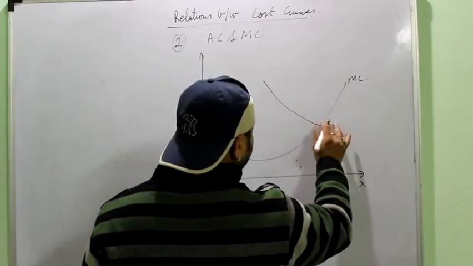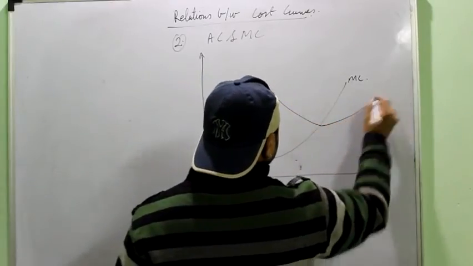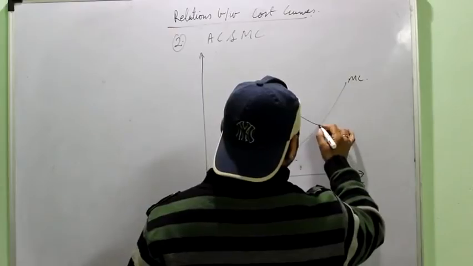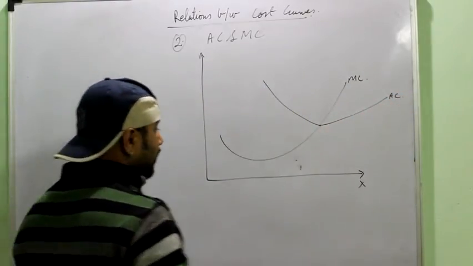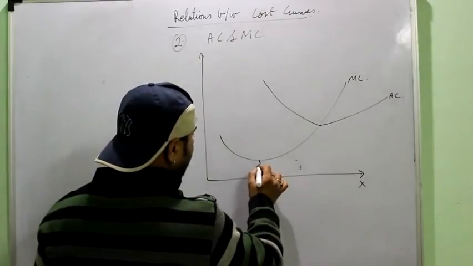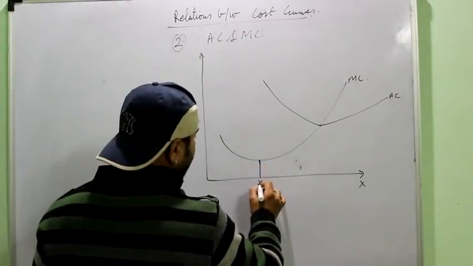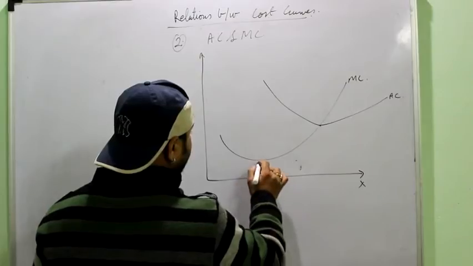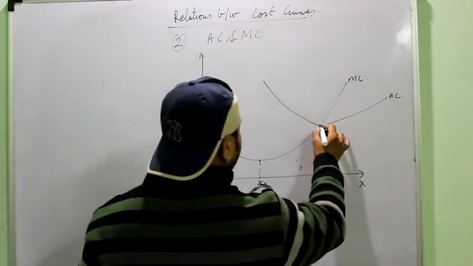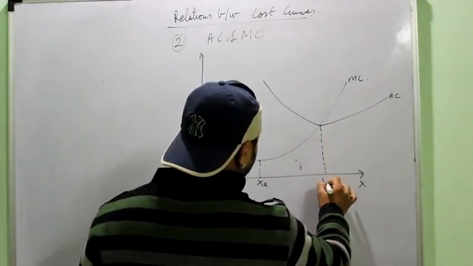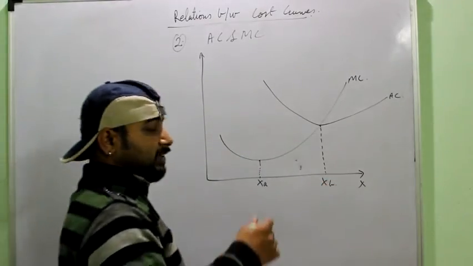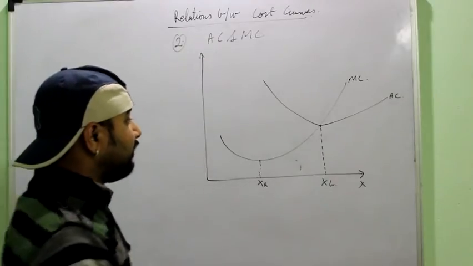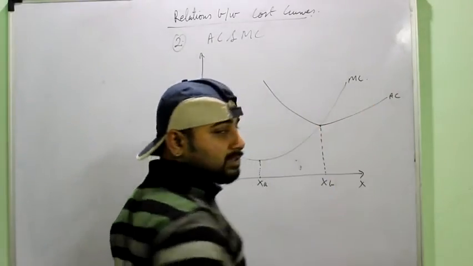Then you draw the AC curve. The important point to remember: the minimum point of AC should always be at the point where it is intersecting with the marginal cost curve.